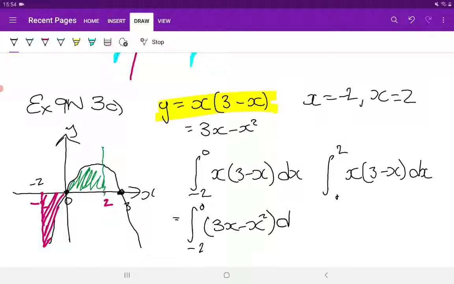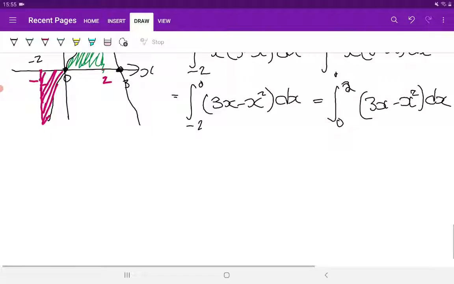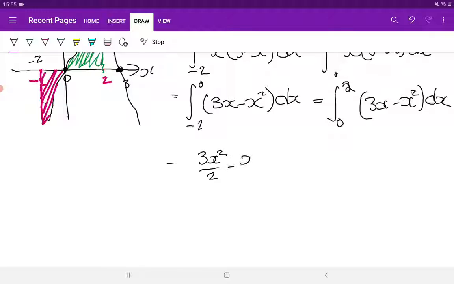The fortunate thing about these questions is that the integration in both cases is going to be the same because we're integrating the same function, we're just looking at different limits. So when we integrate this, we're going to get 3x squared over 2 minus x cubed over 3, and we're looking at that between 0 and minus 2.